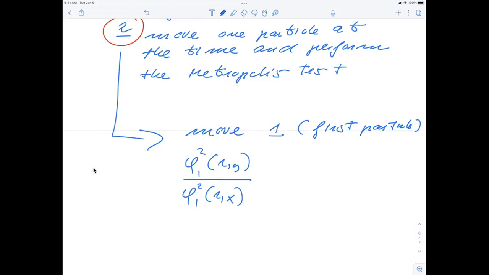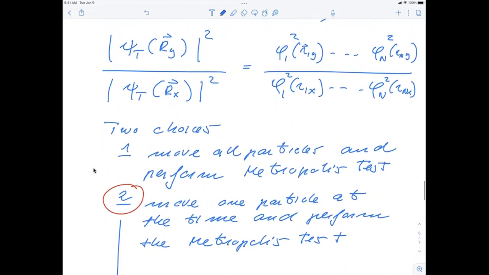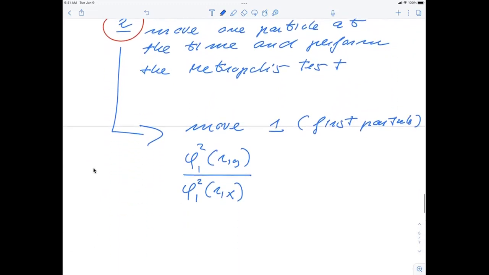So in the calculation of the ratio, I only need to look at one function at a time, whereas in the other case, I have to move all the particles, and when I calculate the ratio of the wave function, I need to calculate all the small changes. When I do one at a time, my ratio simplifies, because the other ones are just staying in the same position.